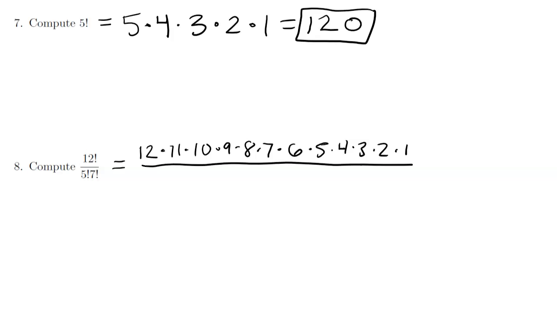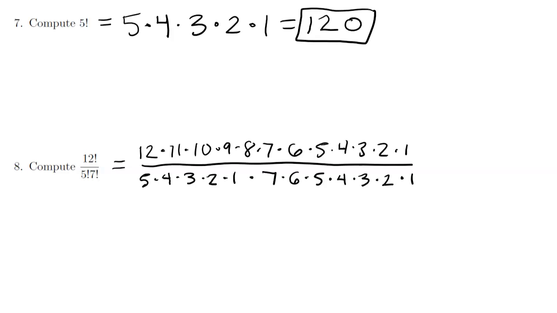And then on the bottom, I've got 5 factorial, which is 5 times 4 times 3 times 2 times 1, times 7 factorial. So times 7 times 6 times 5 times 4 times 3 times 2 times 1.